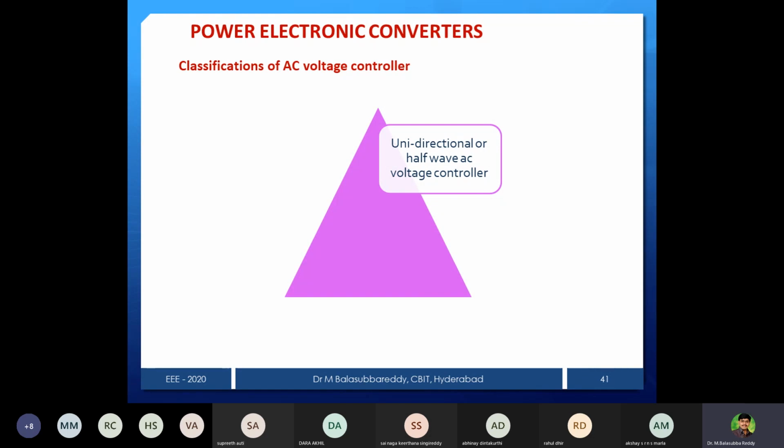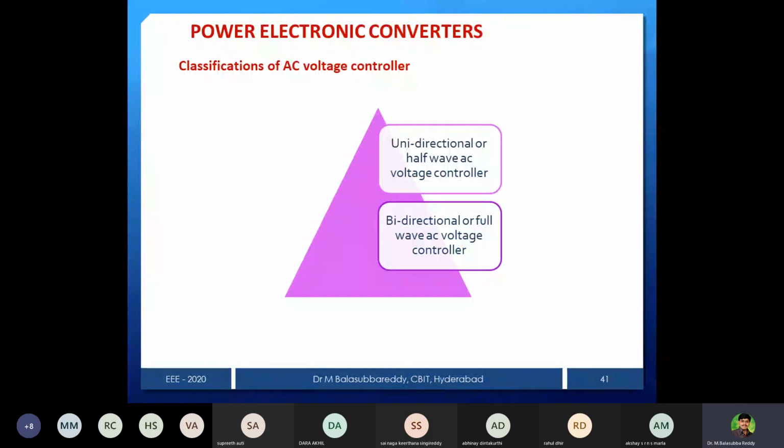Unidirectional means only one half cycle is going to be controlled, and the other is the bidirectional or full wave AC voltage controller, where both the positive and negative half cycles are controlled. In the first one, the negative half cycle is not controlled, so one thyristor and one diode are required instead of two anti-parallel thyristors.